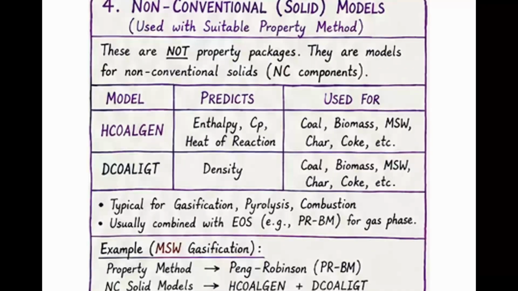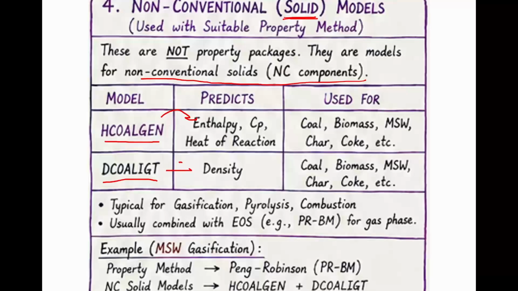Then we have to discuss solid systems as well, because we do not always deal with liquid or gaseous systems. We have to deal with solid systems. So these are not property packages actually, they are models for non-conventional solids. It includes basically two models, HCOALGEN and DCOALIGT. HCOALGEN predicts enthalpy, CP, heat of reaction and is used for coal, biomass, MSW, municipal solid waste, char and coke.